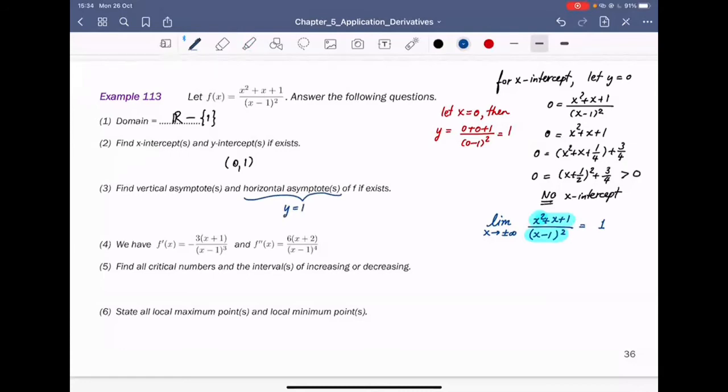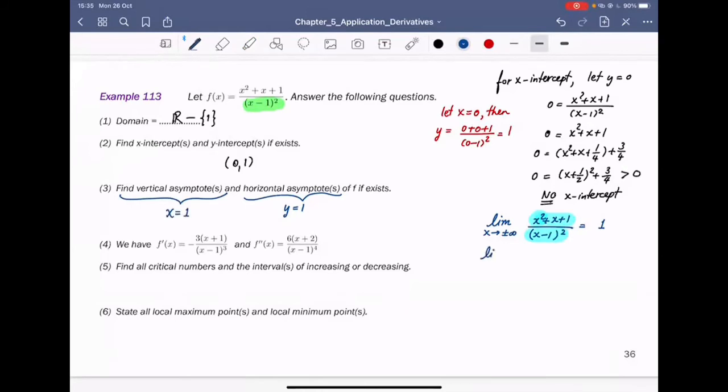What about your vertical asymptote? Well, you need to find the point where, when you take the limit as x goes to that number, you get plus or minus infinity. And this is going to be where the denominator of the function f equals 0. Of course, this is x equal to 1. Why is that?